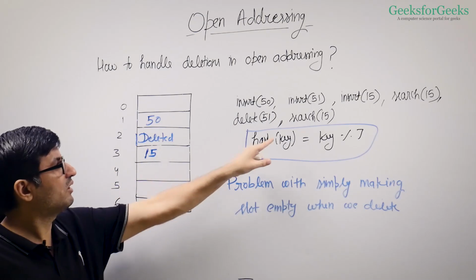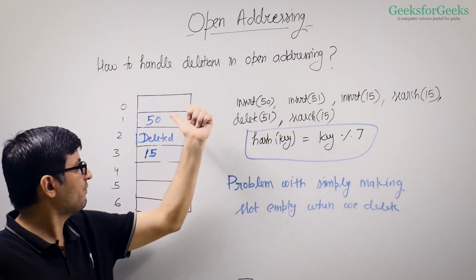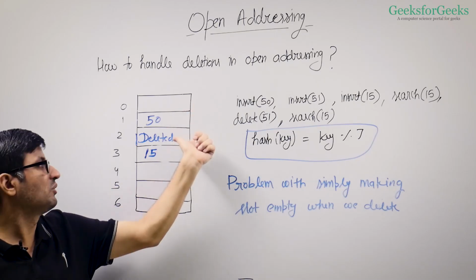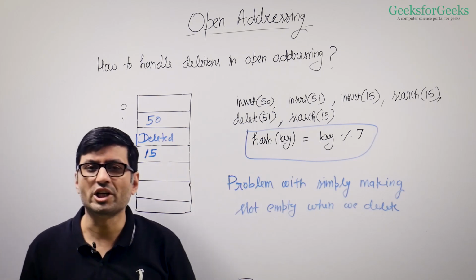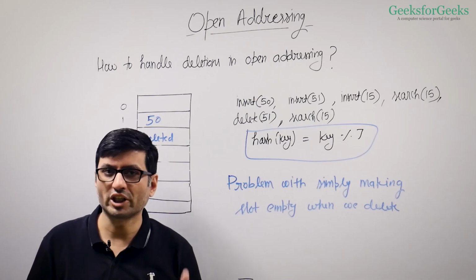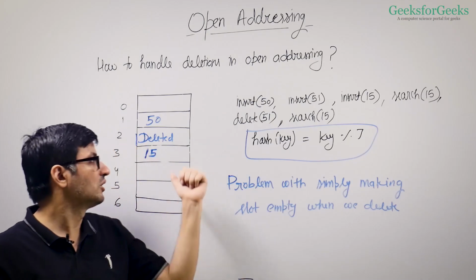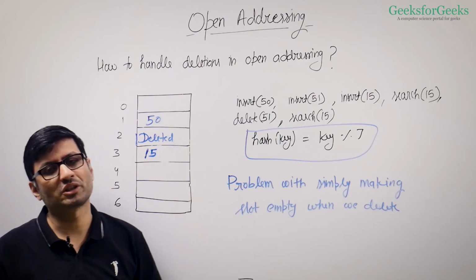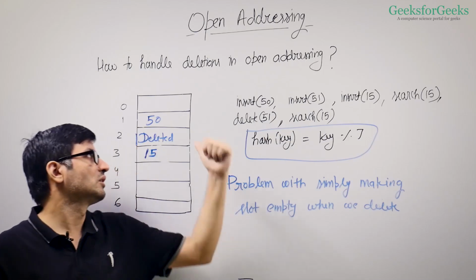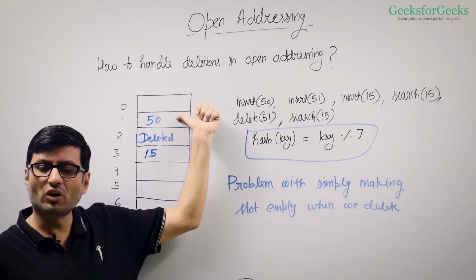So what will happen now if you search 15? You will come here, 50 does not match, then you will come here, you will see a deleted slot, and you will not stop the search because it is a deleted slot, not an empty slot. You will come to 15 and you found the key. Suppose you were searching for key 64. You will begin from here, not matching.